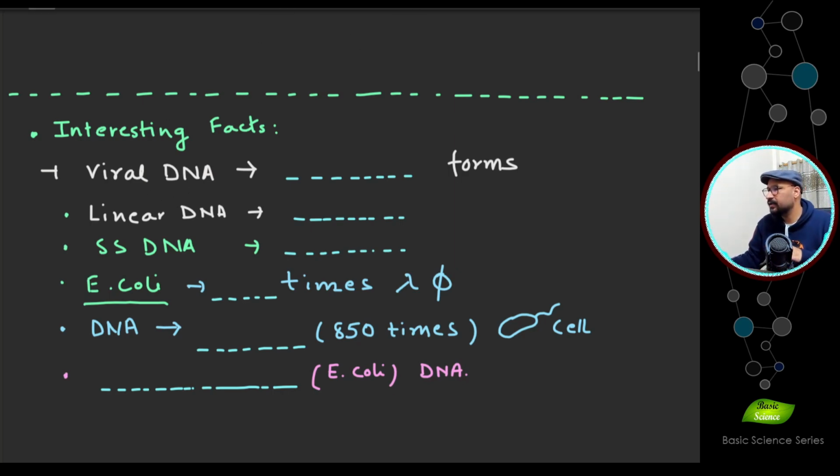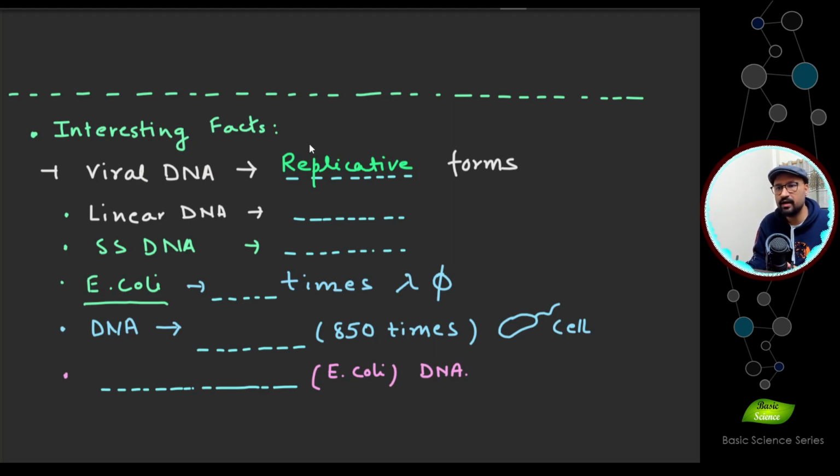Viral DNA, right? Some of the interesting facts that I've written here: it can have replicative forms. Replicative forms means when it is replicating, it can acquire different types of forms, rather than just a single strand DNA. So linear DNA can become circular, single strand DNA can become double stranded. So these things can happen.